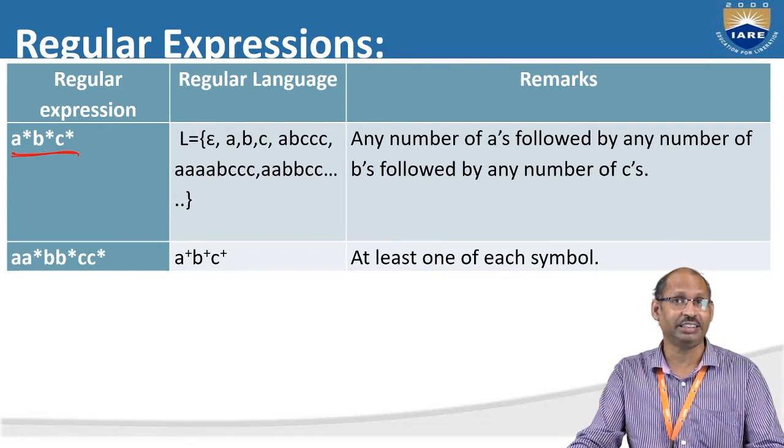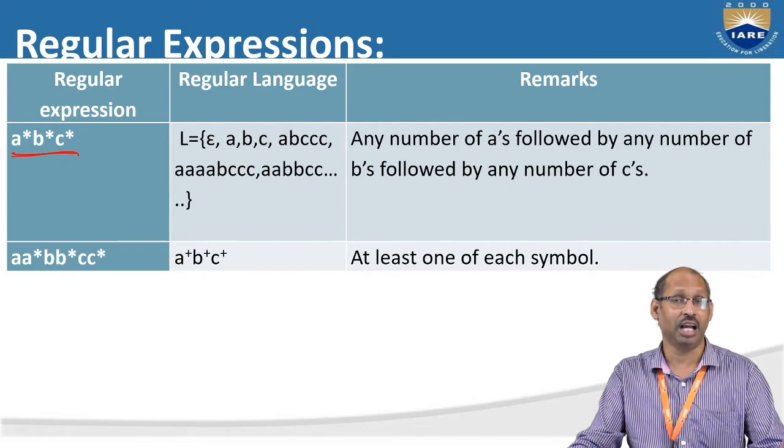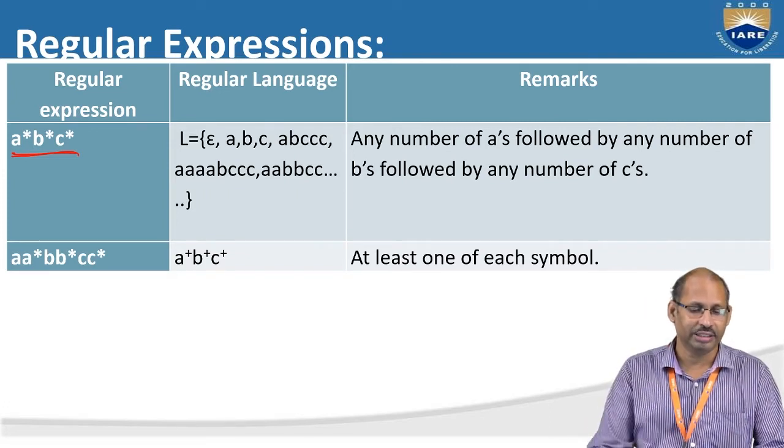But if they exist, they must be in order only: A's followed by B's, B's followed by C's. Order is a must. But 0 or more occurrences of A, 0 or more of B, 0 or more of C.